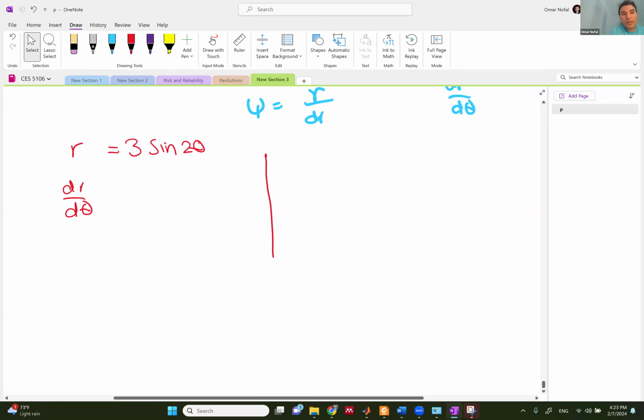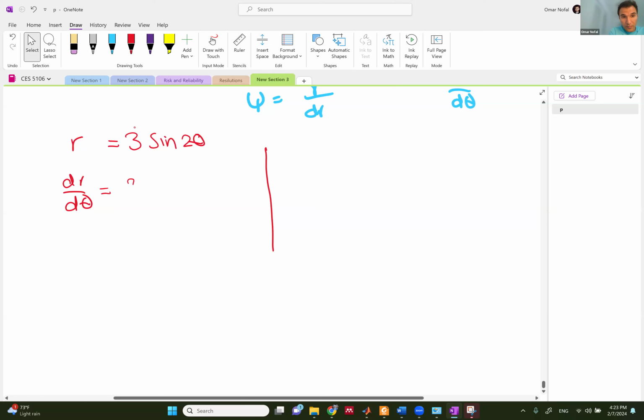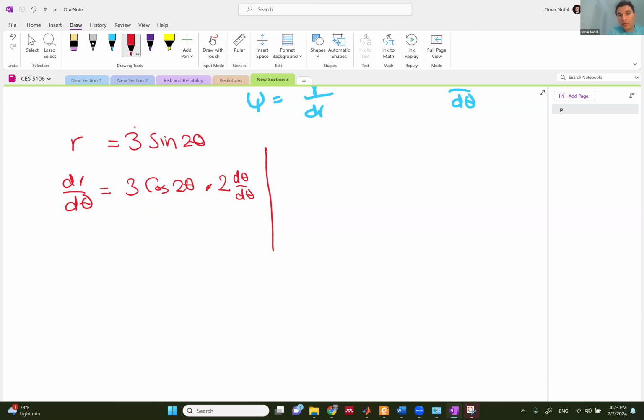This is going to be 3 cosine 2 theta multiplied by the derivative of what is inside the sine. So the derivative of 2 theta with respect to theta is 2 d theta over d theta, and this is equal to 1.